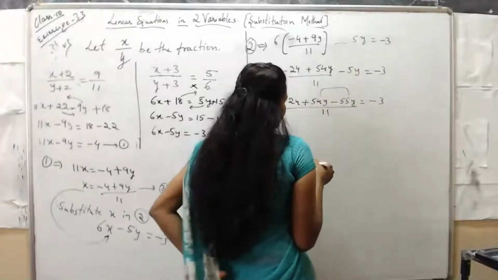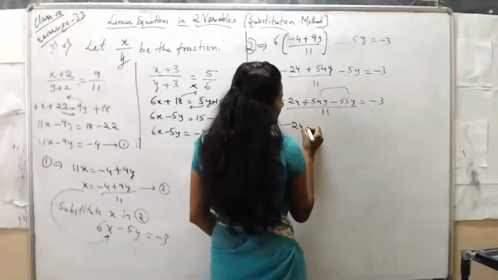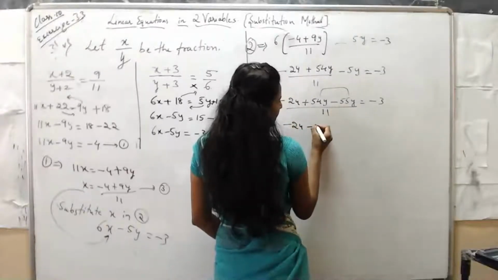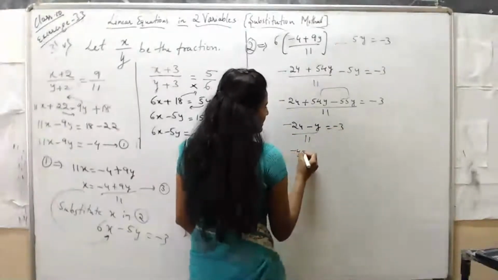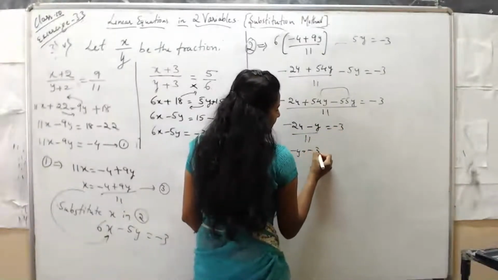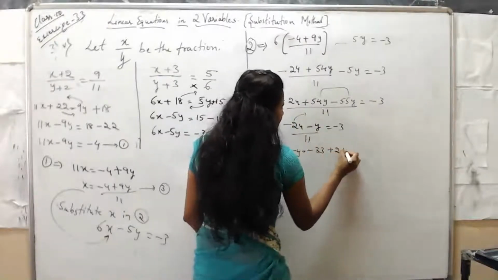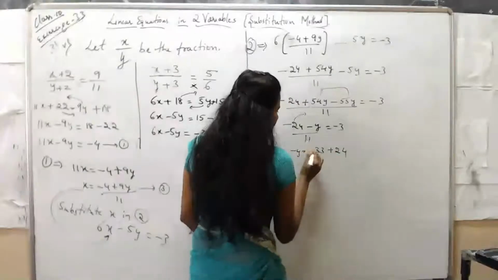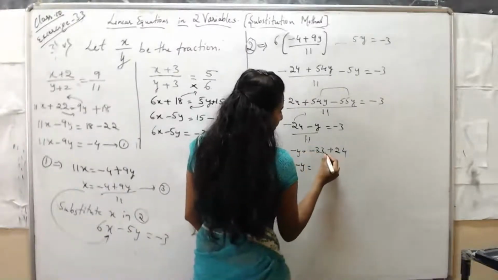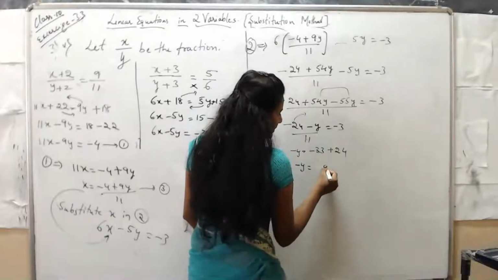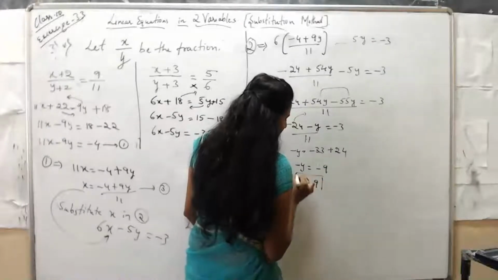54 minus 55, how much? Minus y minus 24 is equal to minus 33. Minus 24 goes to the right side, it becomes plus 24. Minus 33 plus 24 is minus 9. So minus y is equal to minus 9, therefore y is equal to 9.